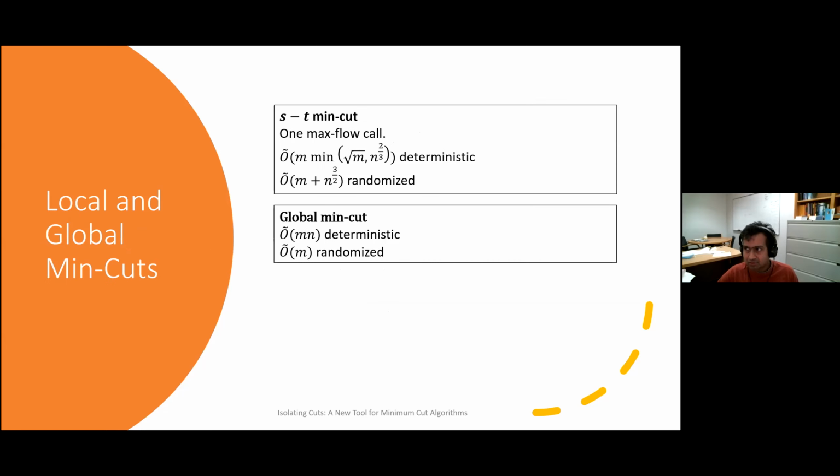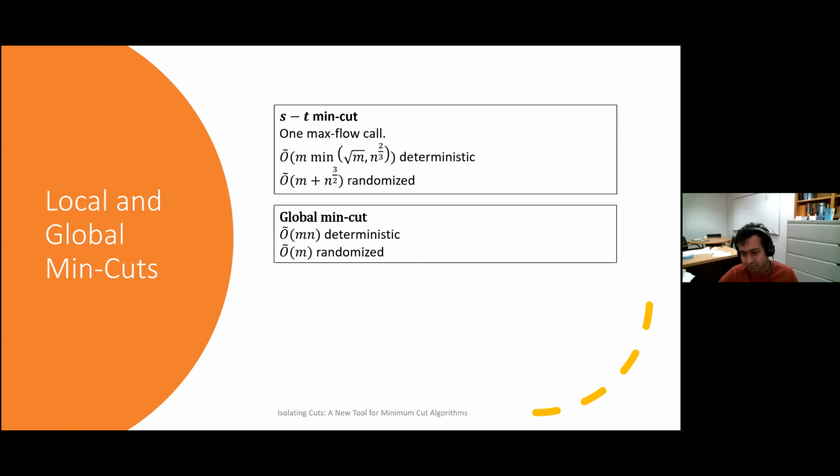Now let's look a little closer at the 2 boxes at the bottom, ST min-cut and global min-cut. These are also, in some sense, the most well-studied among these 5 problems. Now there is this strange thing going on here, where the global min-cut algorithm is faster if you allow randomization, but is slower if you restrict yourself to deterministic algorithms.